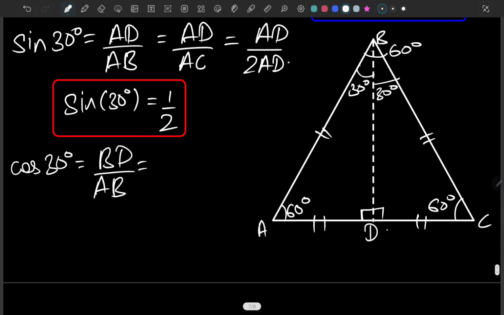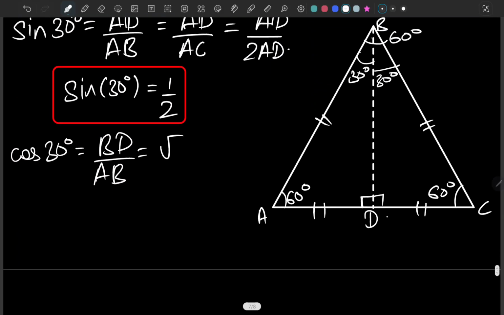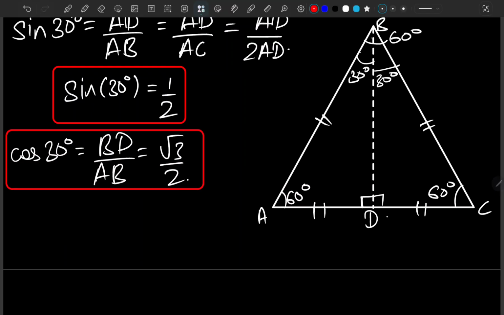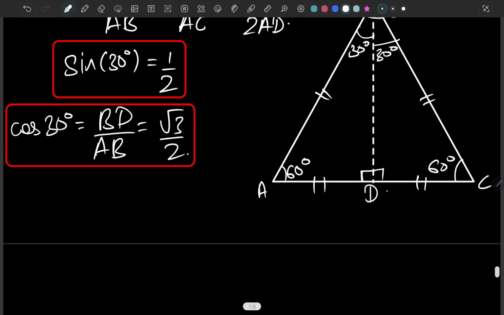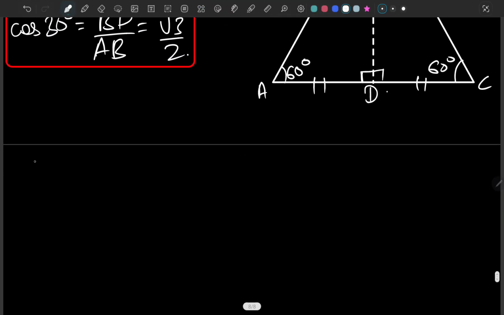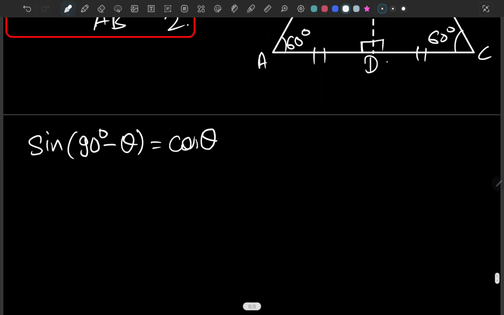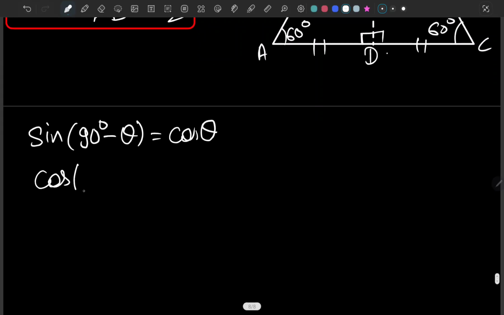Hence, we can say cosine of 30 is the square root of 3 over 2. And again, a thing to be noticed: sine of 90 degrees minus theta is cosine theta, and similarly cosine of 90 degrees minus theta is sine theta.